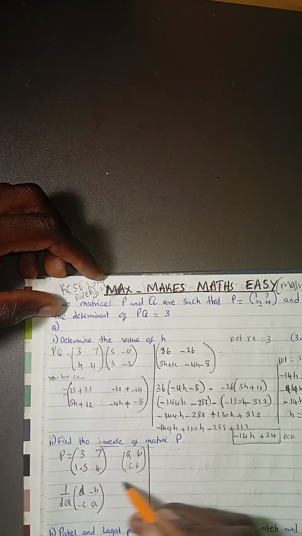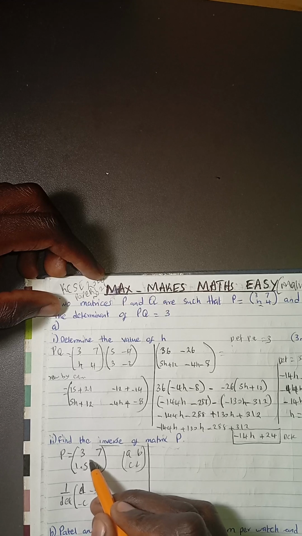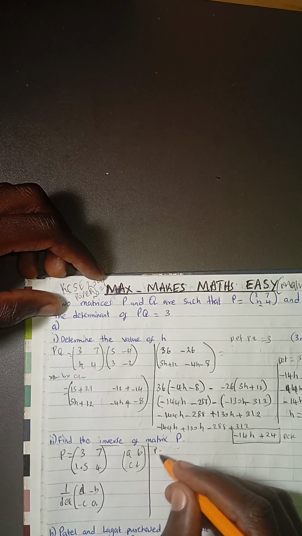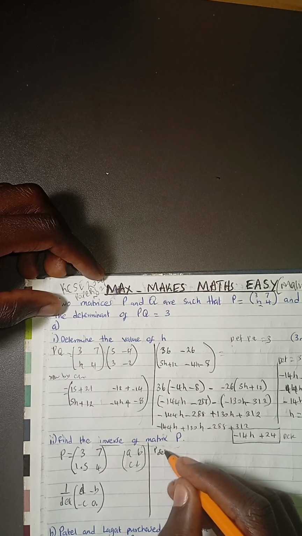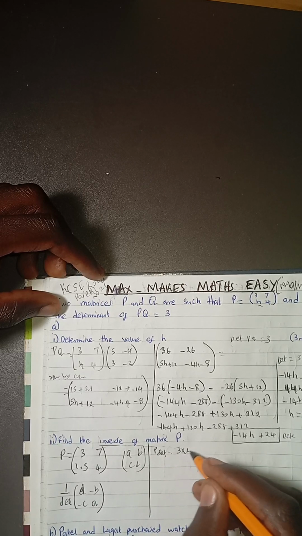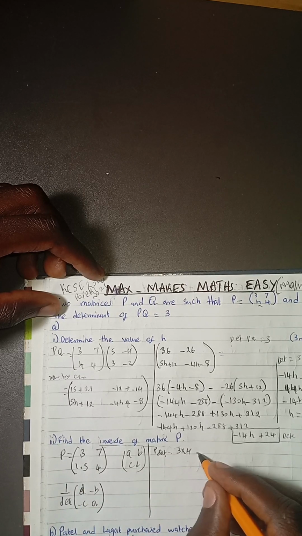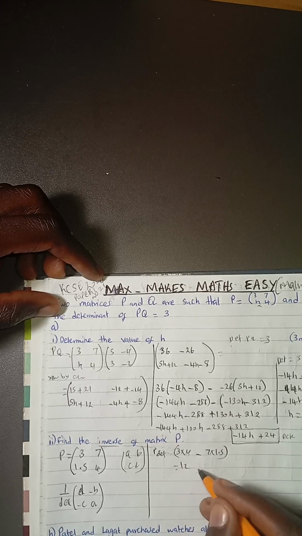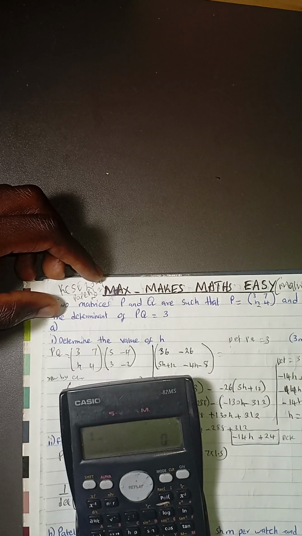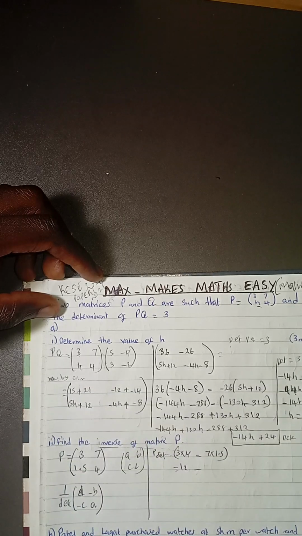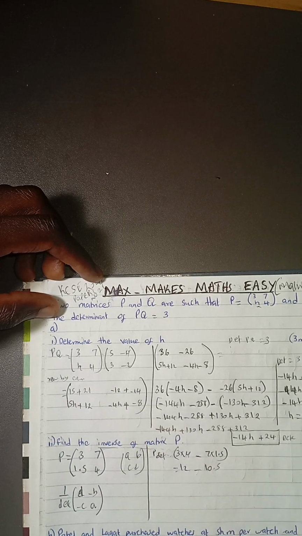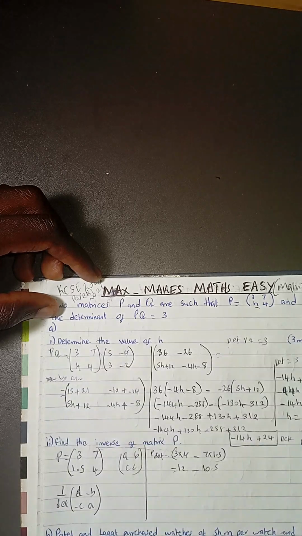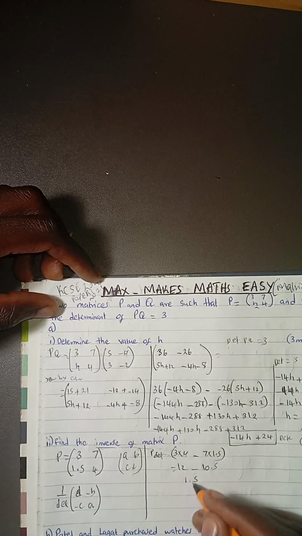So here the determinant of P is equal to 3 times 4 minus 7 times 1.5. That will be 12 minus 1.5 times 7, that is 10.5. So 12 minus 10.5, that is 1.5.